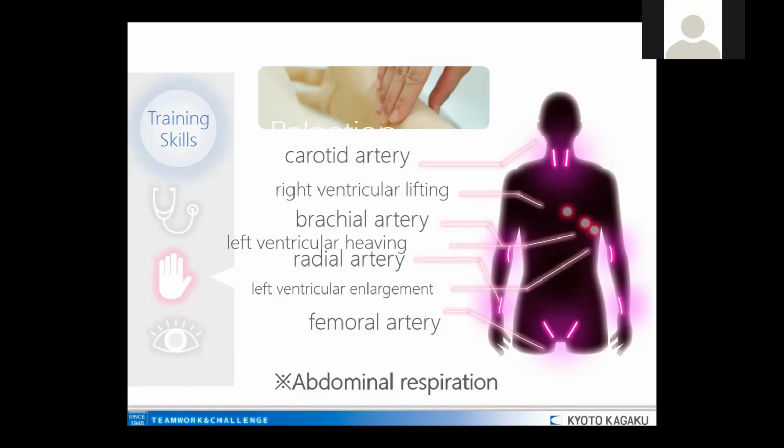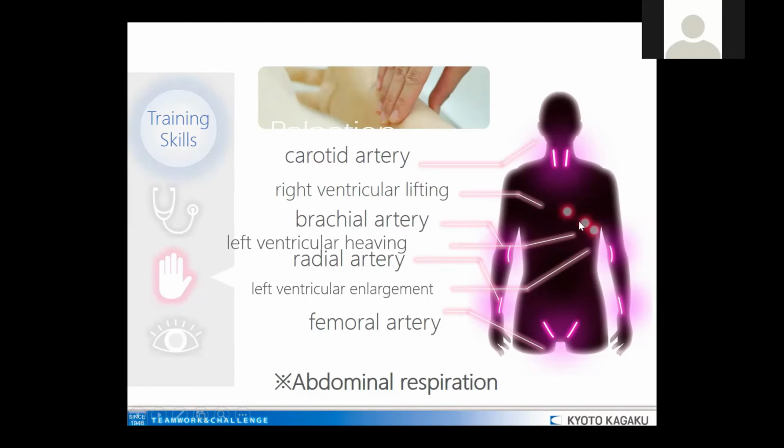And here we have other things that you can palpate, like right ventricular lifting, left ventricular heaving, or left ventricular enlargement. They are these 3 points right here.